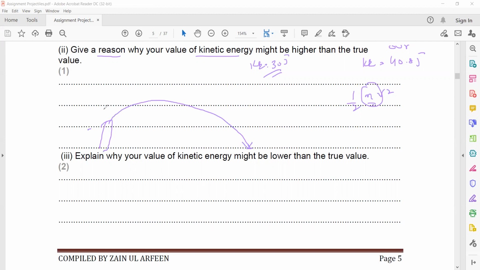But in practice, maybe not all of the liquid reaches the maximum; some of the liquid falls in between. But our assumption is that all of the mass is transferred to the maximum horizontal distance. That's why our value is higher, because we assume that all of the mass is transferred.